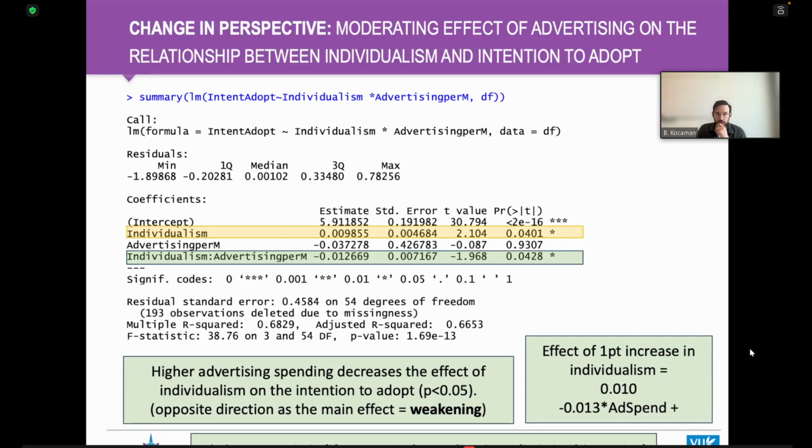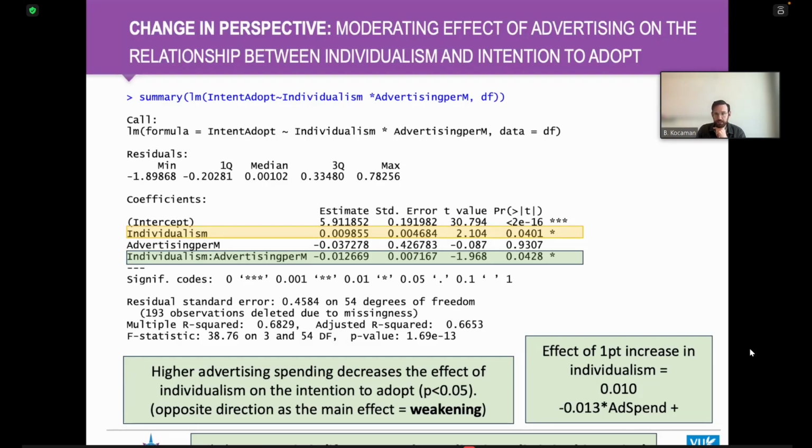And in this case, if 1 million ad spending is realistic, because that represents a 1 point increase, then this becomes negative, right? The effect of individualism becomes negative. Then we can talk about an antagonistic effect. Does that make sense?